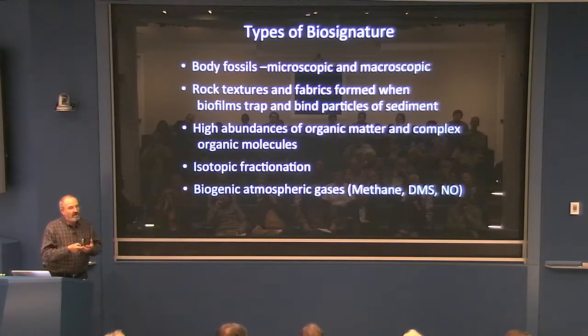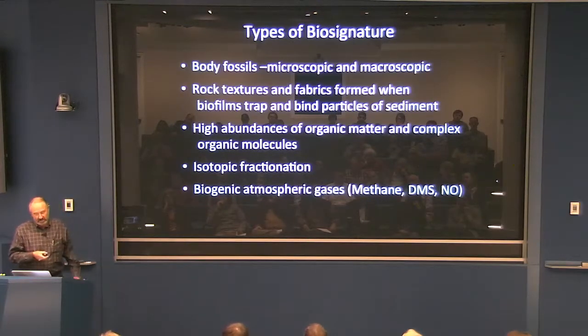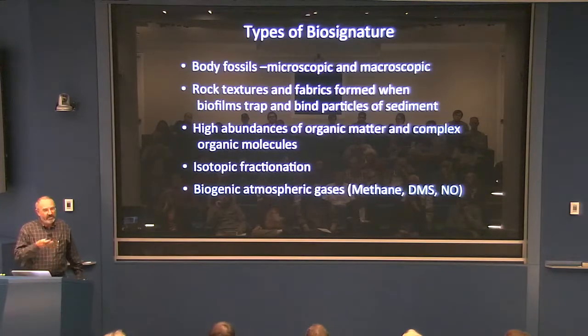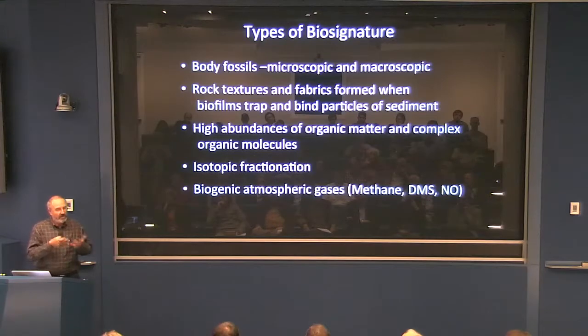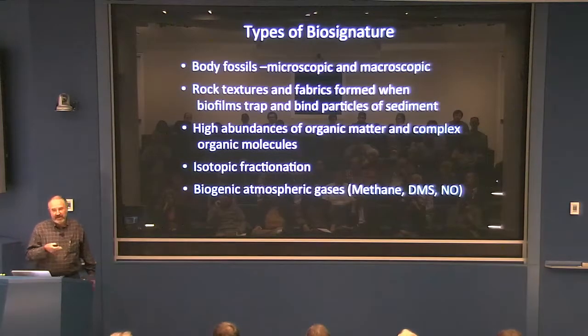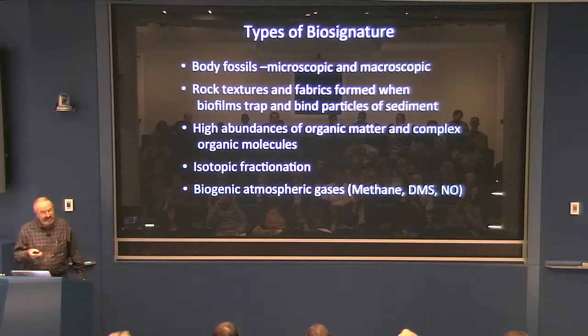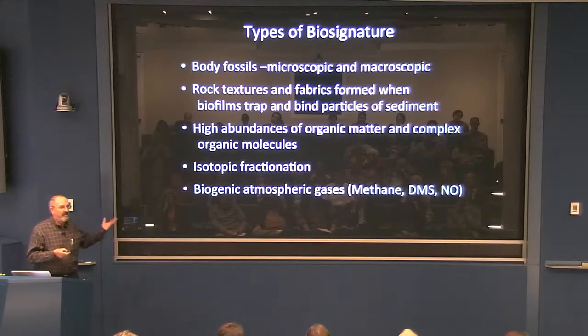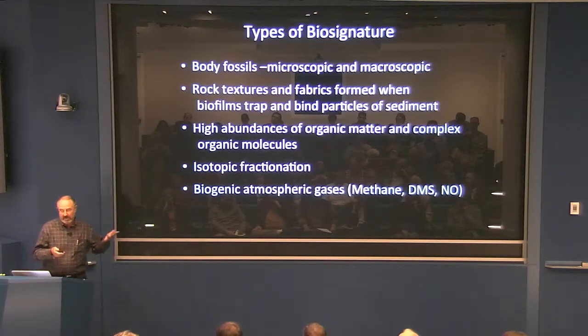So a concentration of organic matter is a signal for life. Life fractionates isotopes. I'm not going to talk about it in great detail, but you can question rocks for the presence of particular fractionations that will be diagnostic of biology. And life also produces very distinctive gases that are unstable in their own right, for example, methane, dimethyl sulfide, nitrous oxide. Those gases are in our atmosphere as a consequence of the activity of microbes operating in soil and the ocean, for example.